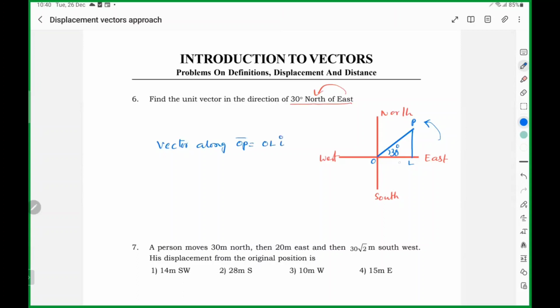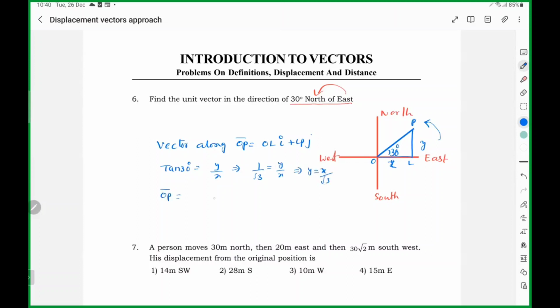For 1 unit it is i; for OL we don't know how many units. Let us say it has X units, it has Y units. Tan 30 will be Y by X, it's 1 by root 3. So Y here is X by root 3.